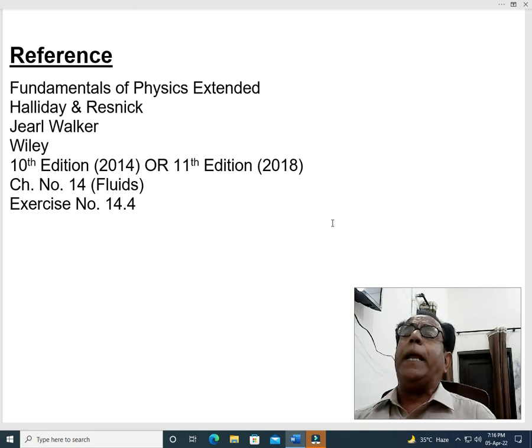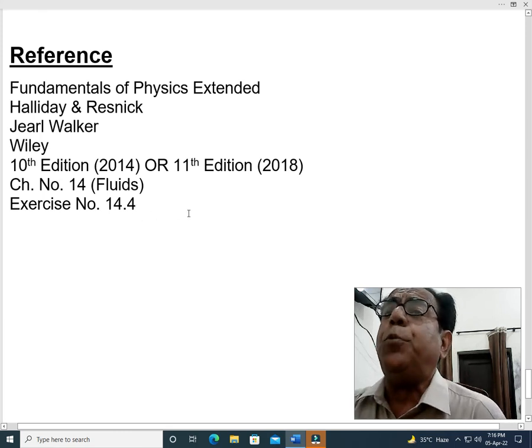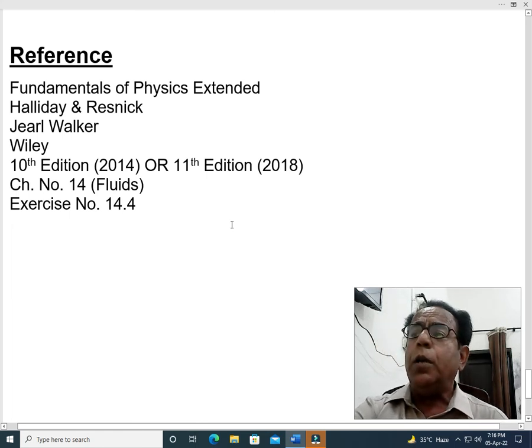And here chapter number 14 under title Fluids is the concerned chapter, and here the problem under consideration is enumerated at serial number 4 of the exercise given at the end of this chapter, that is exercise number 14.4, and this is the end of our module.